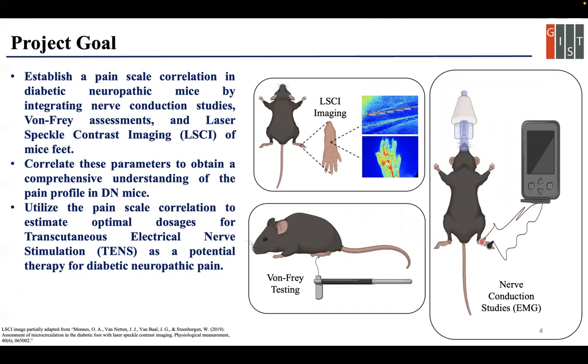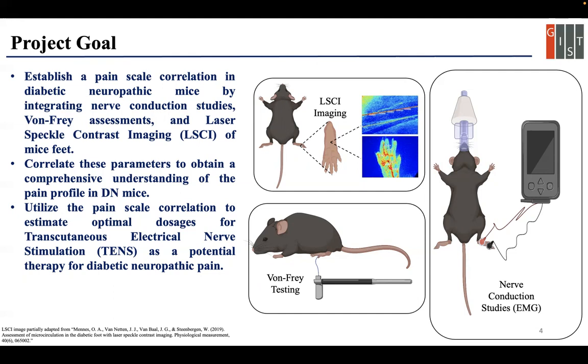So the goal of this project is first to establish this pain scale by various amounts of imaging and other nerve conduction studies. For imaging, I am focusing on laser speckle contrast imaging. Some previous papers have stated that diabetic neuropathy causes reduced blood flow in your peripheral organs, which might be a passive cause for your pain.